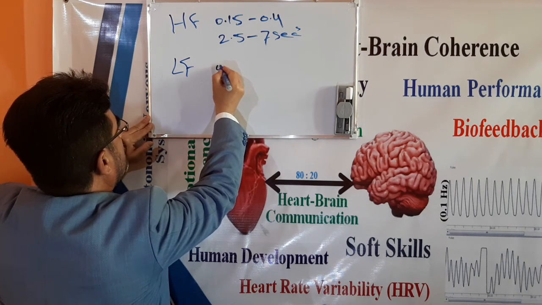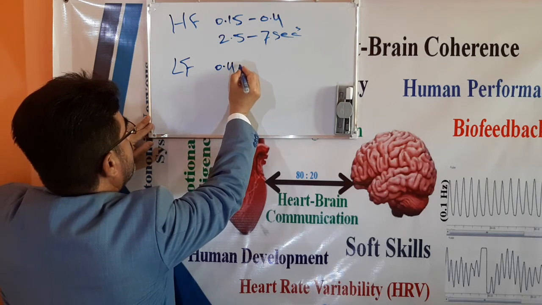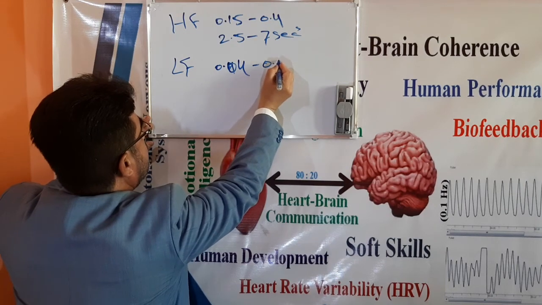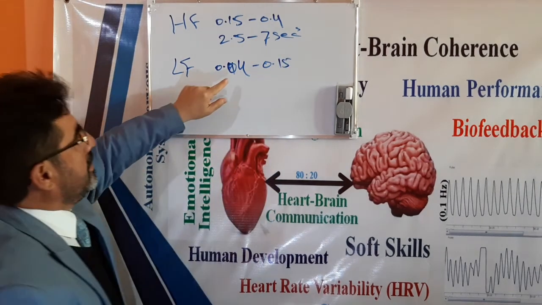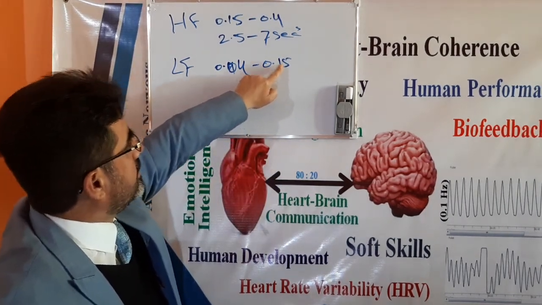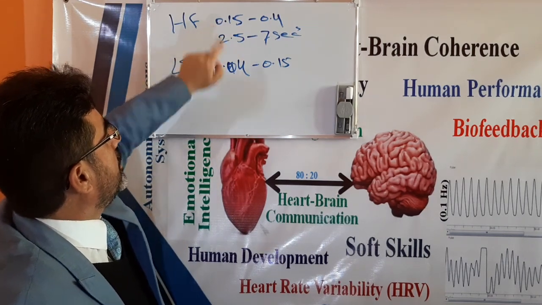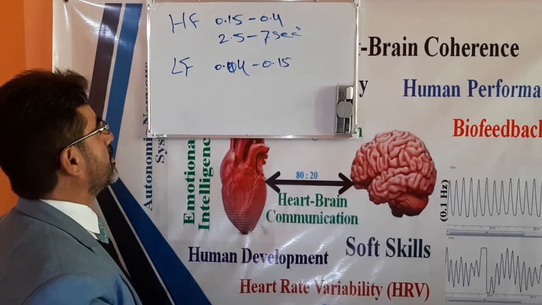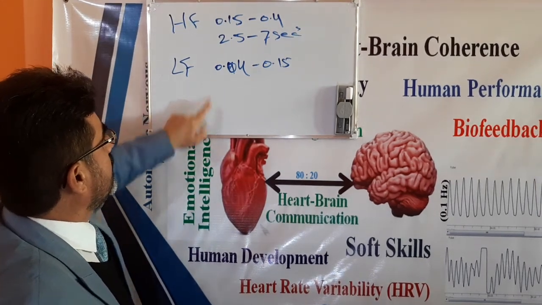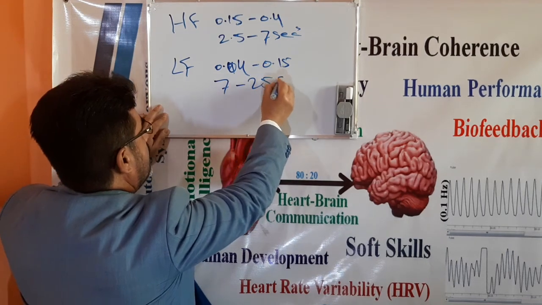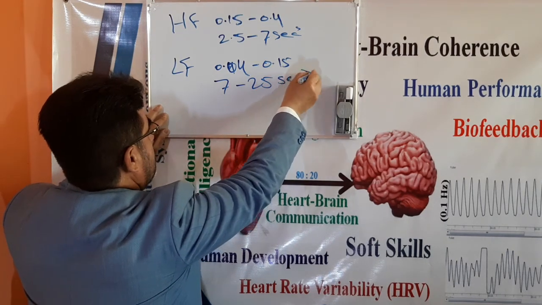0.04 up to 0.15. Actually, 0.15 is the starting point of high frequency. And the time that indicates this frequency is from 7 up to 25 seconds.